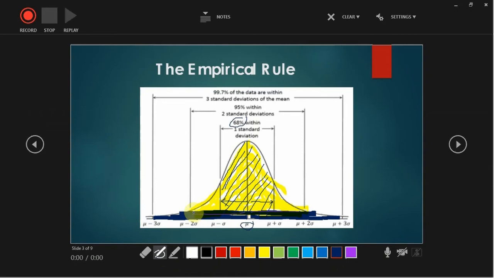The yellow painted range is the range for mu, or mean, plus minus 2 standard deviations, and almost 95% of the observations lie here. And this whole range from here to here is mu plus minus 3 standard deviations, and almost all the area is covered by this range. This means almost all observations will lie in this range. So this is the empirical rule.